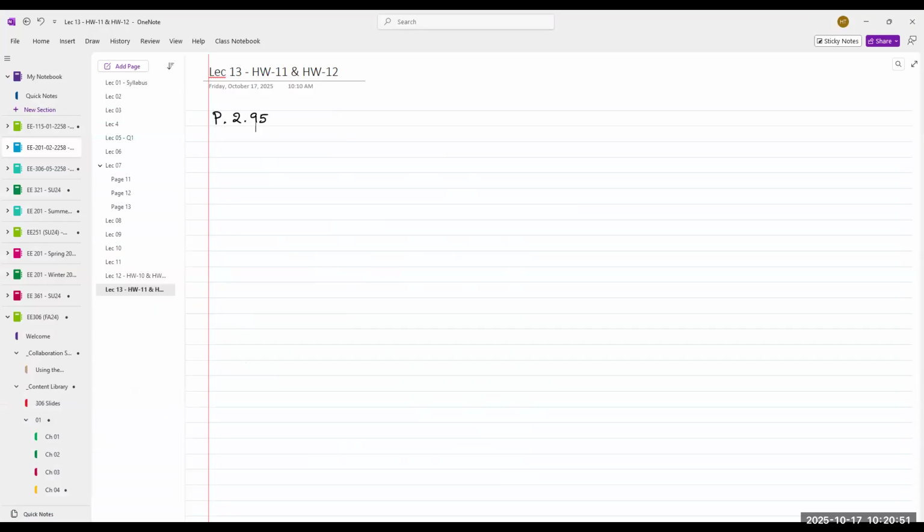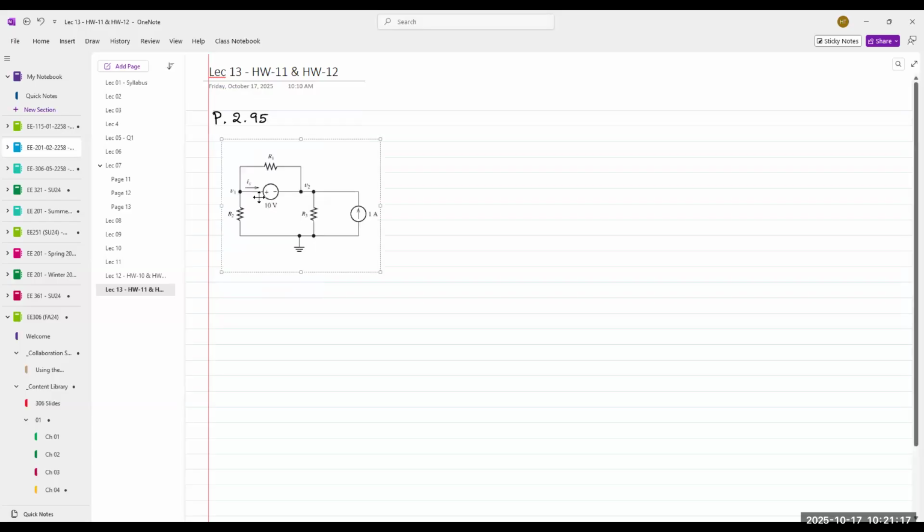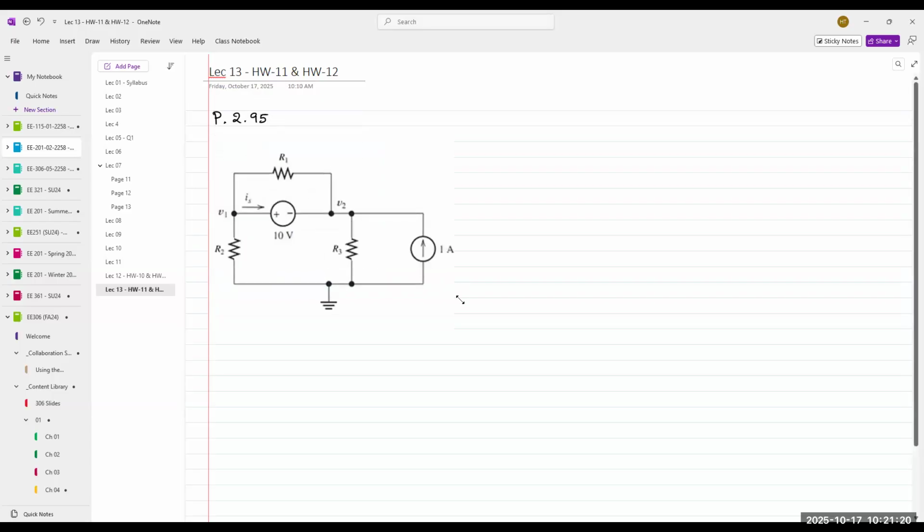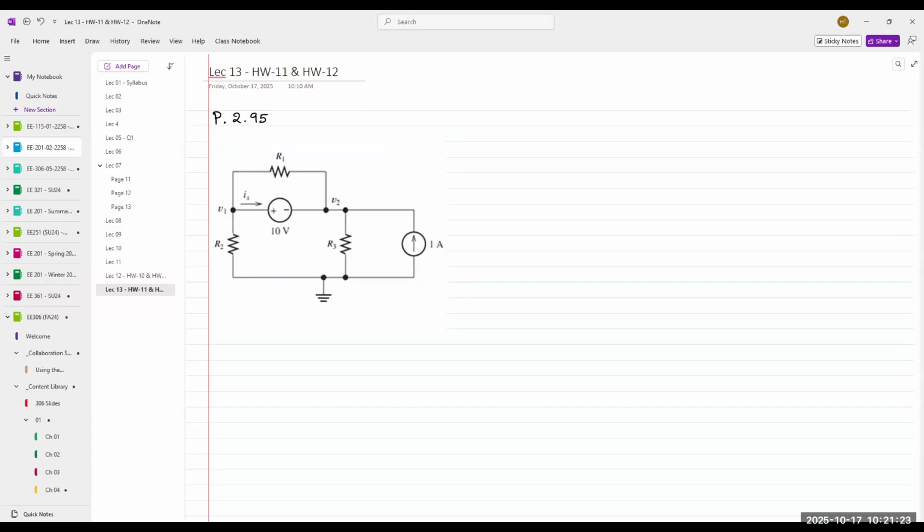Let me copy over the question. Let's do this one. We saw this circuit in node voltage analysis, right? Okay, so what is the question asking of us? The question is asking to solve for IS.